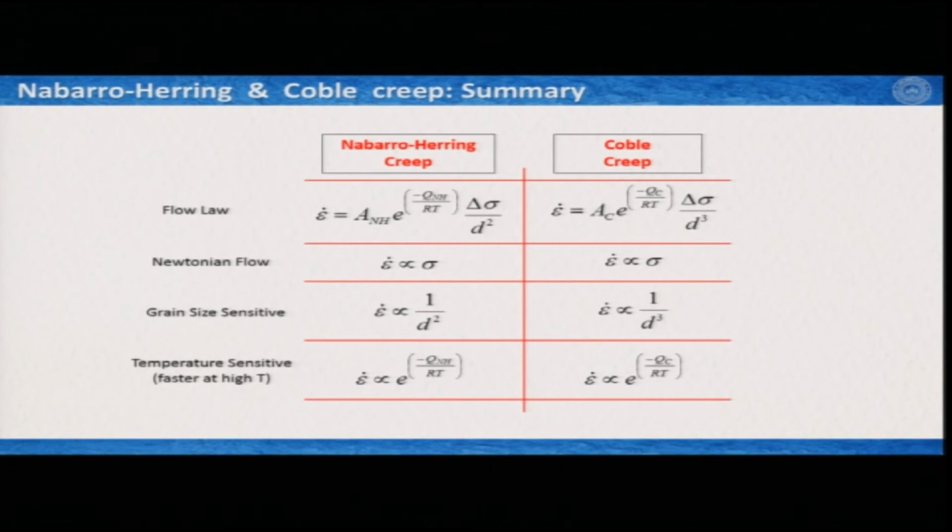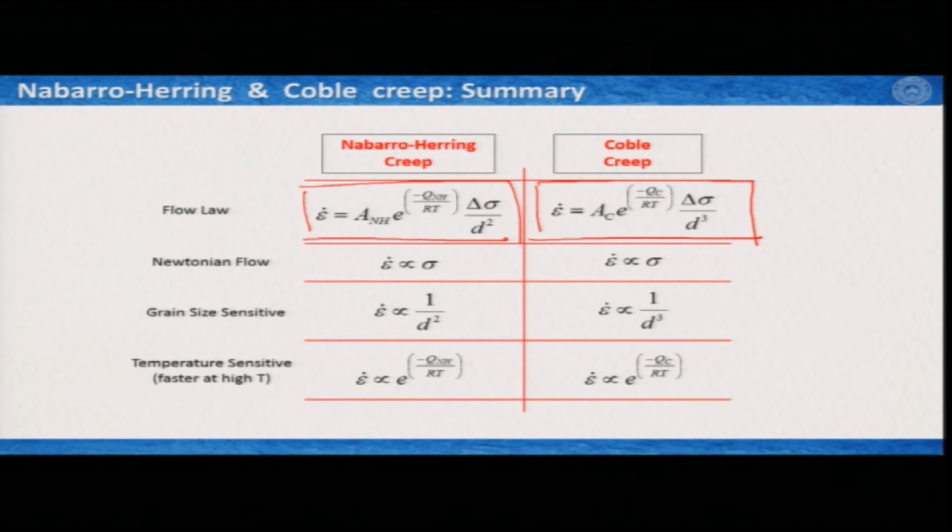Now, it is interesting to note that the flow laws of Nabarro-Herring creep and Coble creep look very similar. So, for Nabarro-Herring creep, it is exactly like this, and for Coble creep it is like this. What we see here is that both of them are Newtonian flow, the strain rate is proportional to stress. Both of them are grain size sensitive.